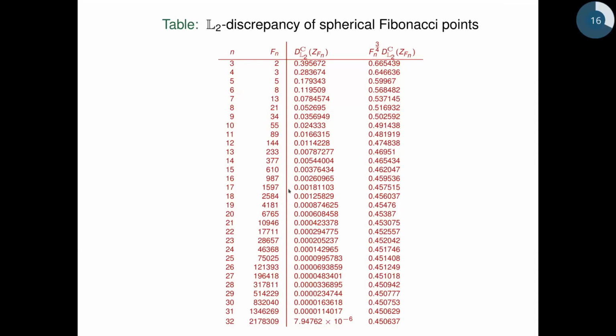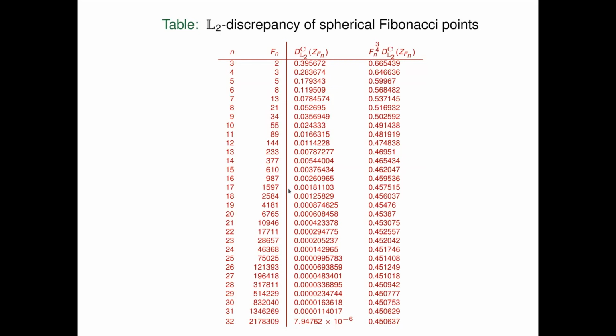Also, this is a list of numbers for the computation of the L2 discrepancy. That can also be done exactly, simply by means of the Stolarsky invariance principle, which says that the L2 discrepancy squared can be computed with the help of the sum of all mutual Euclidean distances of points on the sphere.